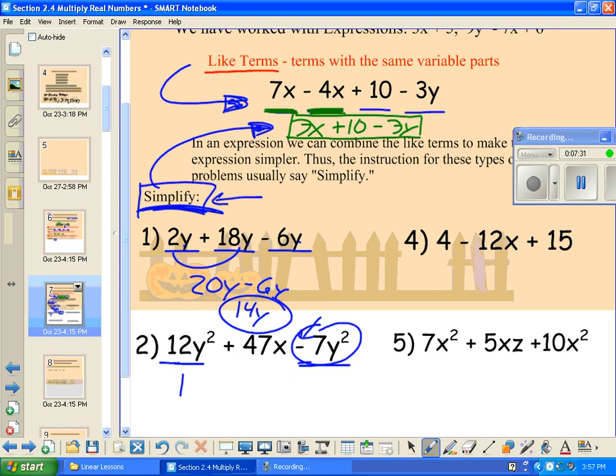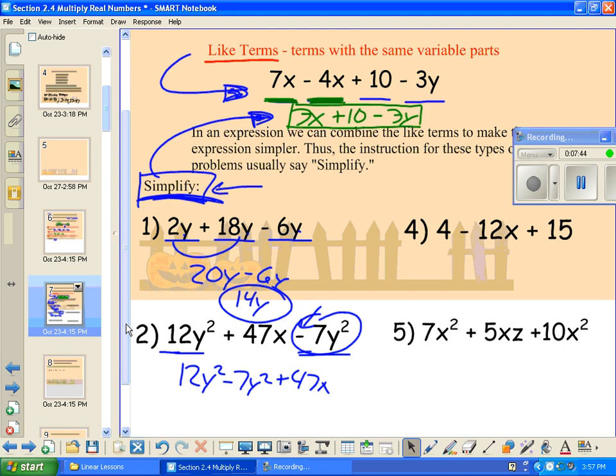So you could even rewrite this problem as 12y squared minus 7y squared plus 47x. If I rearrange it like that, that tells me that I'm going to subtract these two like terms. The sign in front of a term tells you what you're going to do with that particular term.